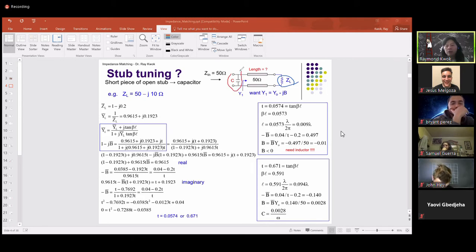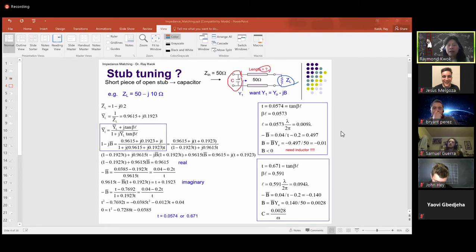So I'm going to assume this is a capacitor here, and then I'm going to slide that capacitor. How big is the capacitor? Well, it is determined by the size of the ribbon. The bigger the size, the bigger the capacitance. I'm going to slide the capacitance along my transmission line, so my length is variable.